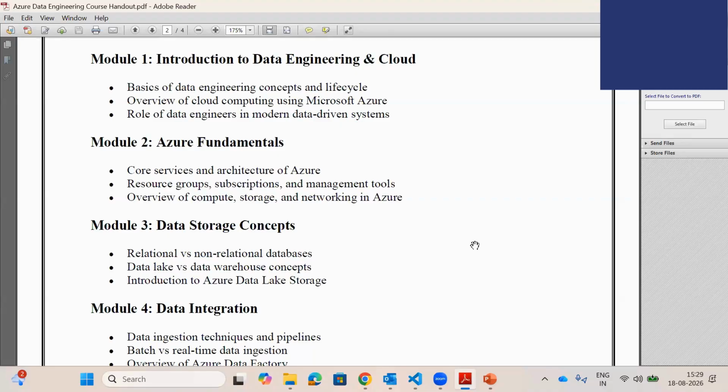When we say compute, definitely when we run any SQL command, or even if you're using Excel, when you apply a formula, there is a process that runs at the back end, which needs power.